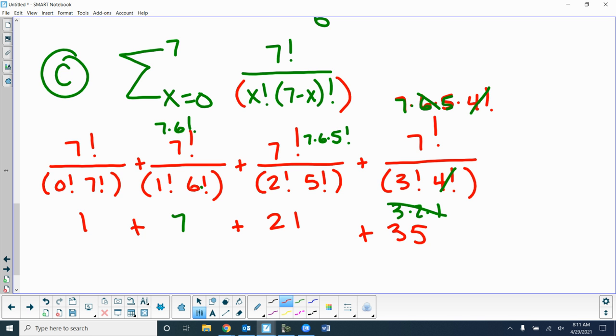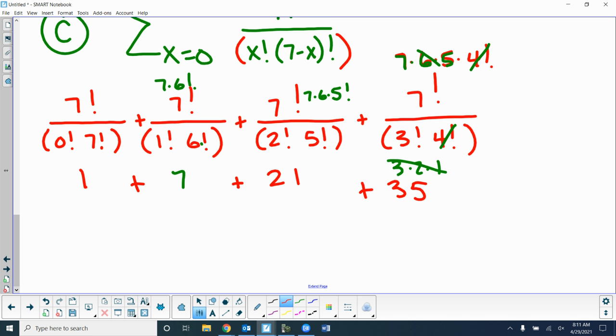All right? Now watch what happens. So I got up to 3. What's the next x value I got to do? 4, right? Well, what's 7 minus 4? 3. Look at the one I just did and that one. What do you see? It's the same problem, isn't it? So what's this answer?